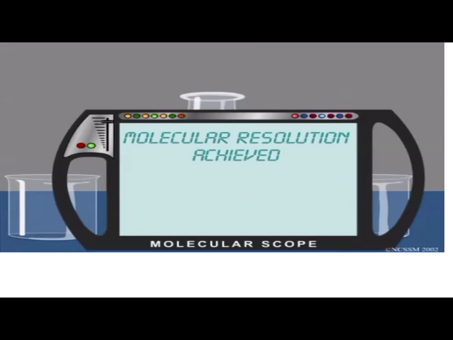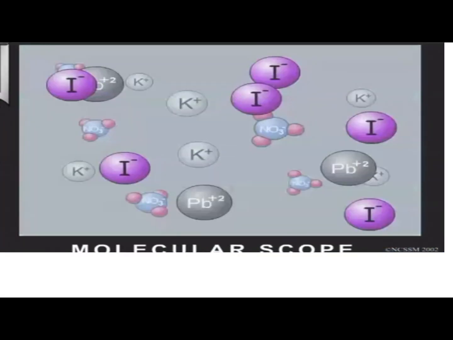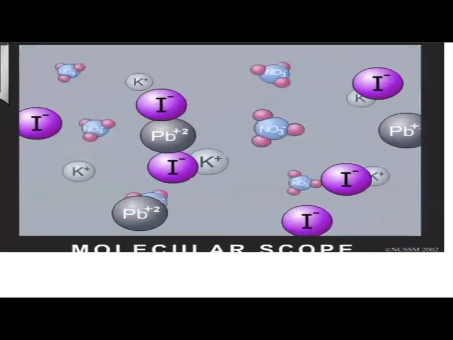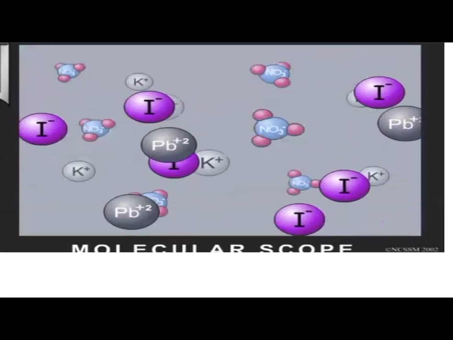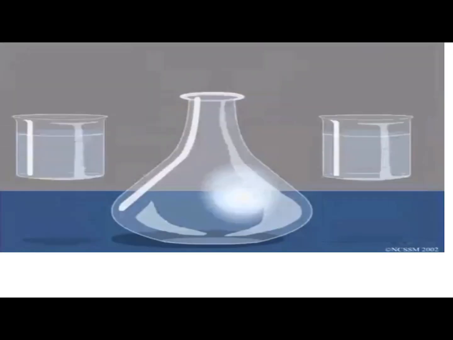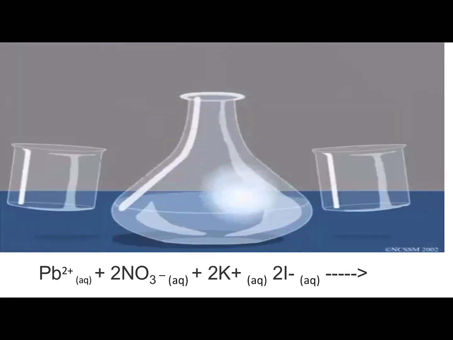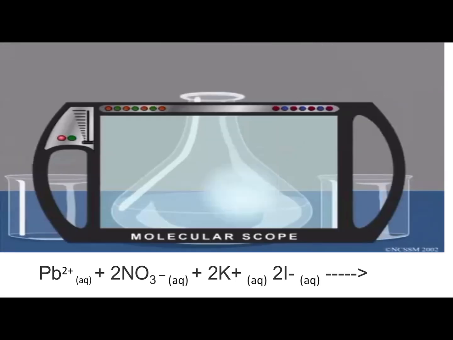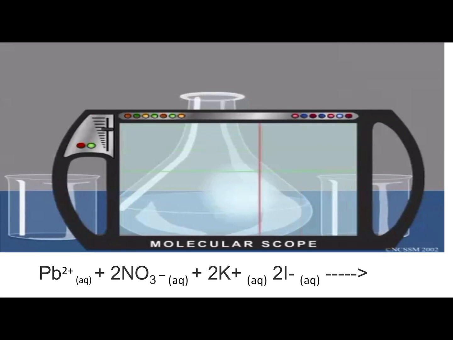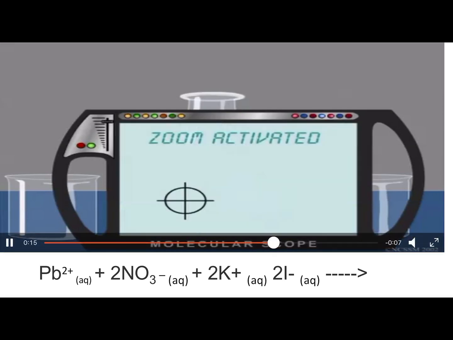They are found in the ionic form. Look here, each one alone, dissolved in water, aqueous. So this is how they are found in the solution, the reactants: Pb2 plus, 2NO3 minus, 2K plus, 2I minus.